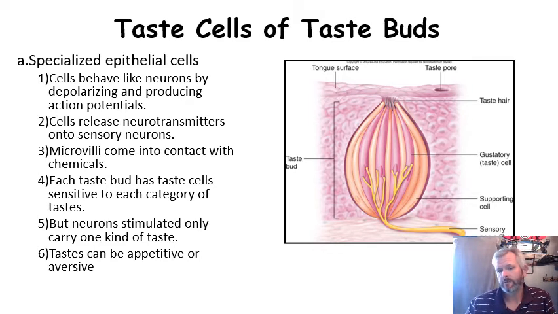The neurotransmitter is released to the sensory neuron, and the sensory neuron has receptors for the neurotransmitter, and they're going to activate the receptor. Okay. There are going to be 5 different tastes, and each taste bud can have cells for those different tastes.